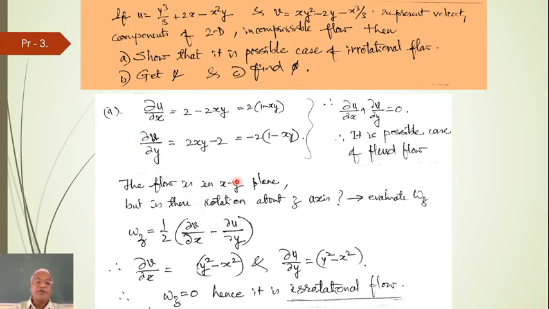Now the flow is in the xy plane, but is there any rotation about the z axis that you have to find? Now evaluate omega z. Omega z is given by half, two ratios, for y you have to put v, for x you have to put u.